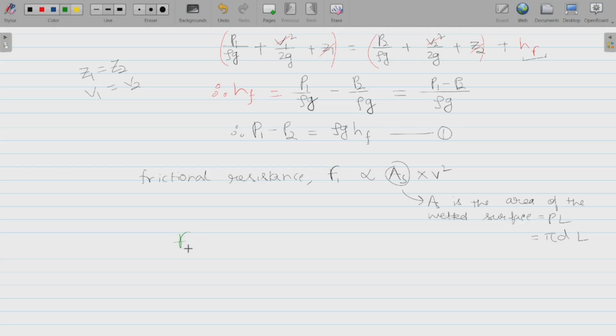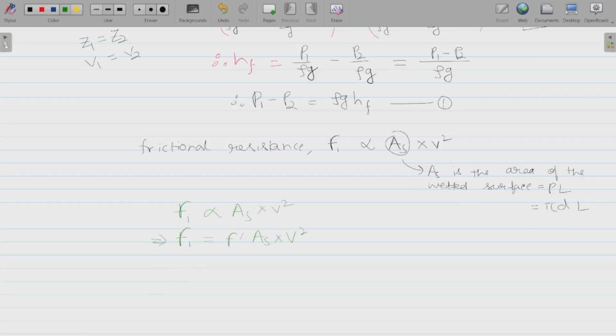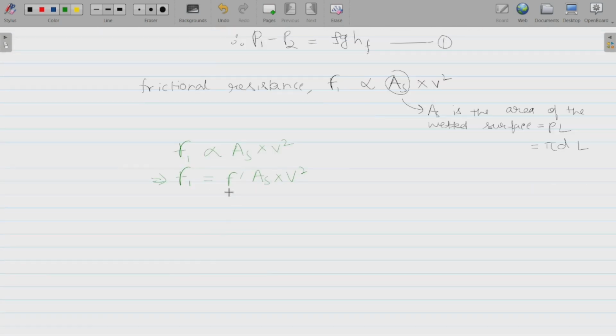We have seen that F1 is proportional to AS into V square. So I can write F1 is equal to a constant, which I'm assuming is F prime, into AS into V square, right? And this F prime you can see over here is the constant of proportionality.